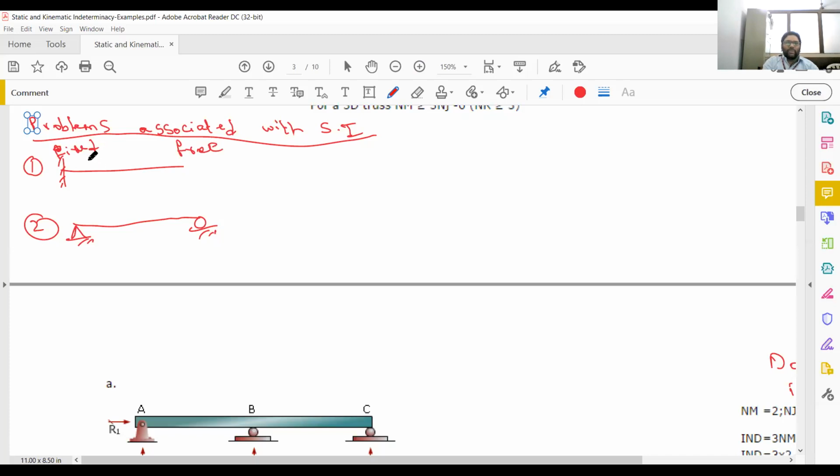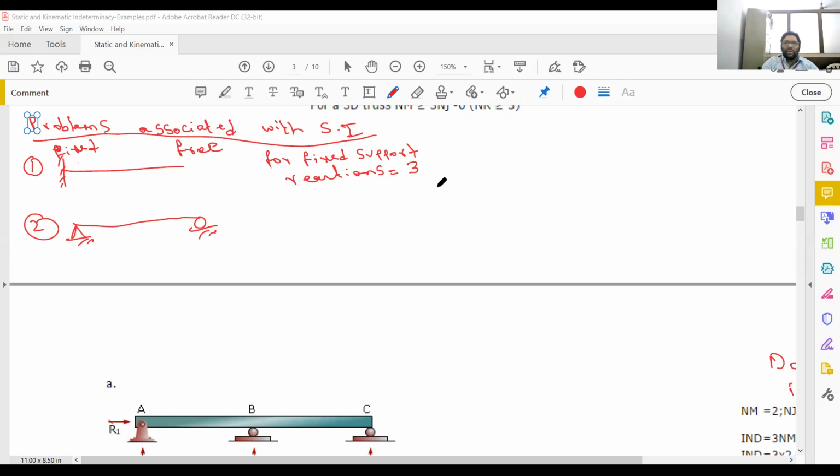So for fixed support, how many reactions will be there? I'll write it here. For fixed support, reactions is equal to 3. Very good. And for a free end, will there be any reaction?